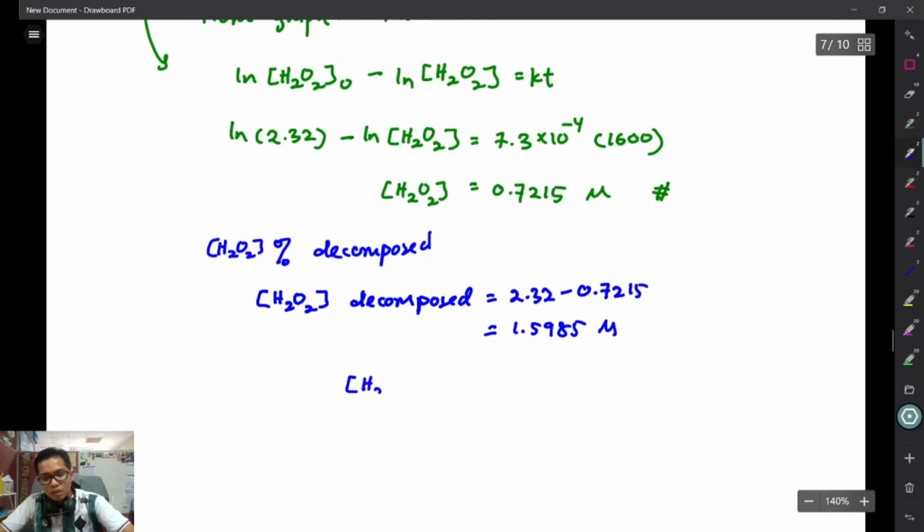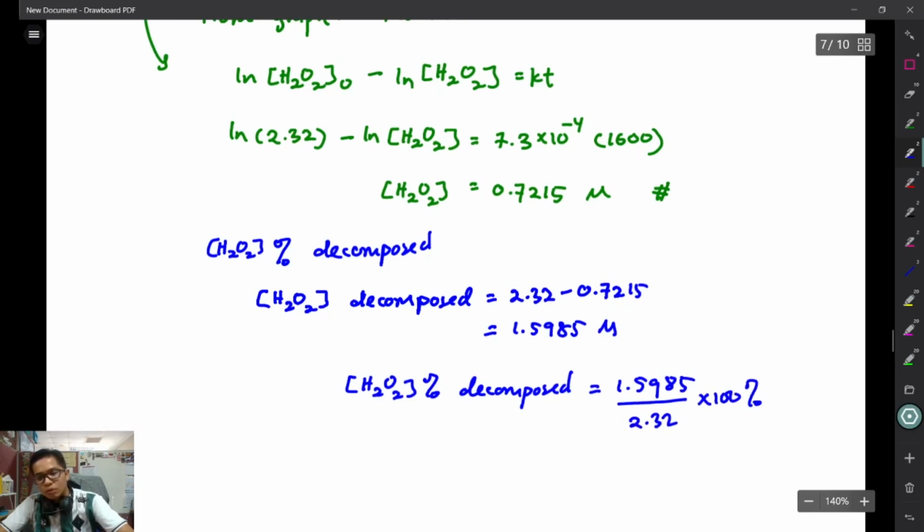So percentage H2O2 decompose equals 1.5985 divided by initial 2.32 times 100 for percentage.